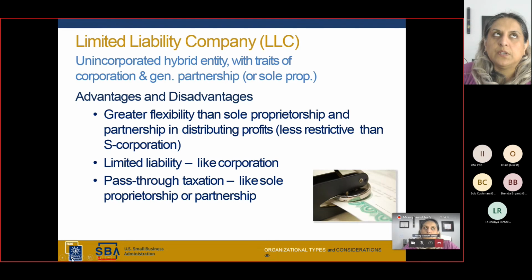You also want to include buy-sell provisions, which determine what happens if a member wants to sell their interest in the company, or when a member dies or becomes disabled. So you want to note all of that in the LLC operating agreement.